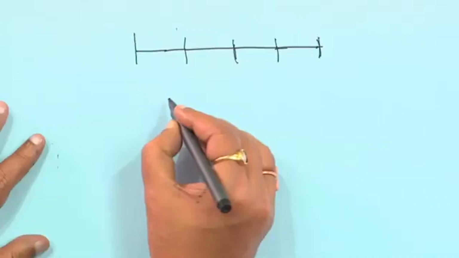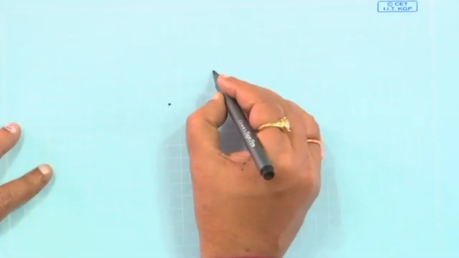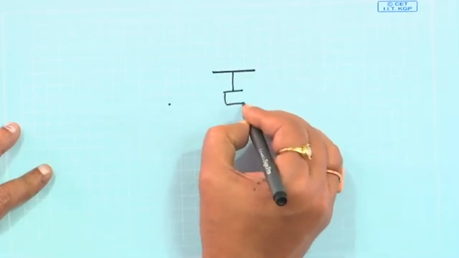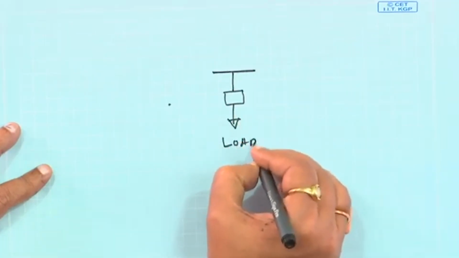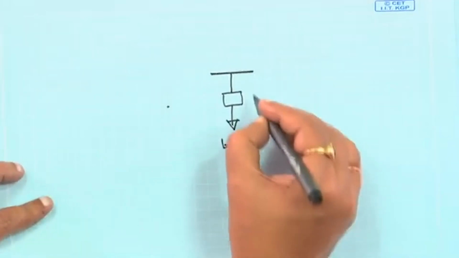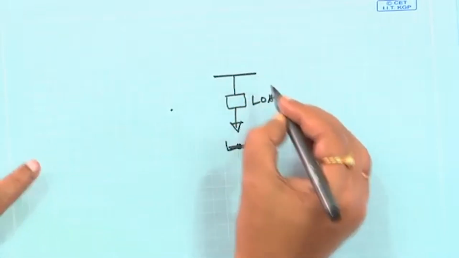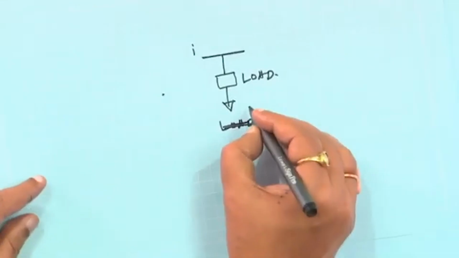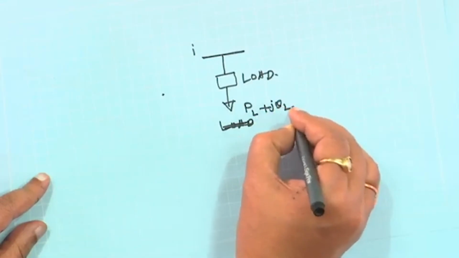For example, suppose you take any node, and here you have a load, this is your load, and this is some node I. Suppose the load here is PL plus jQL.